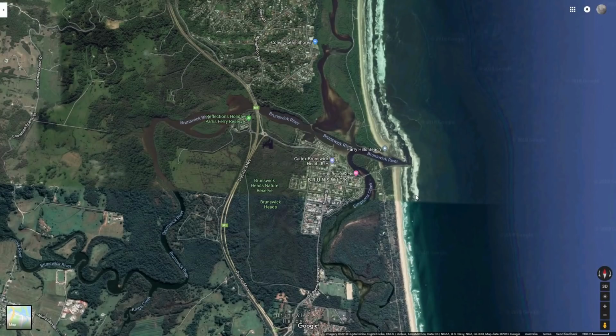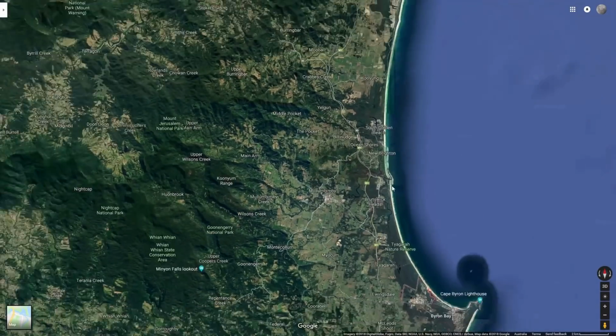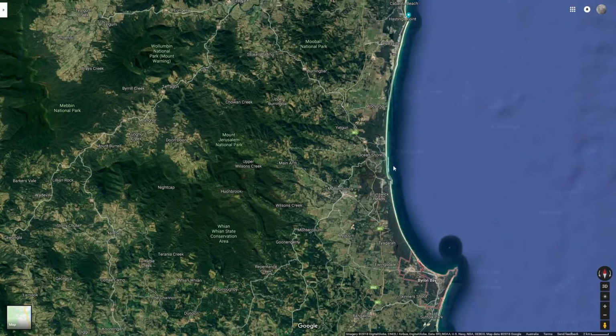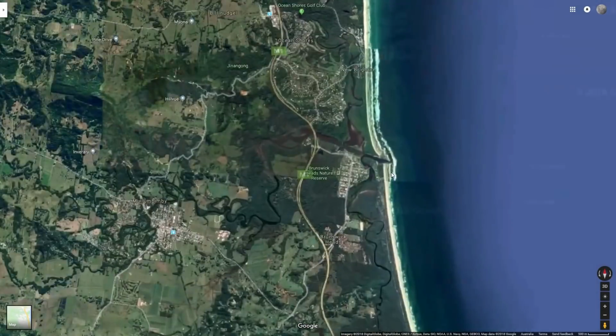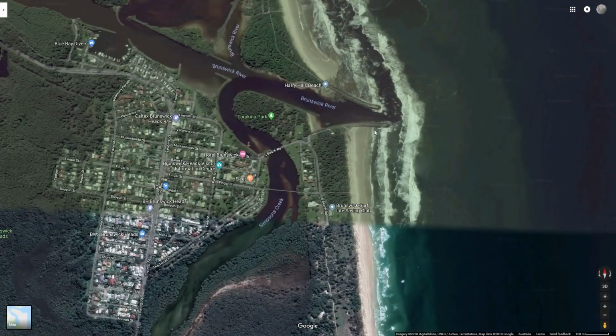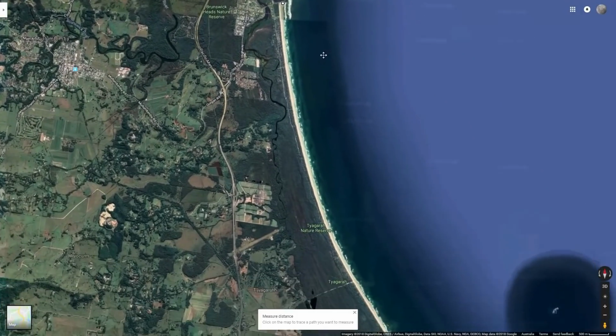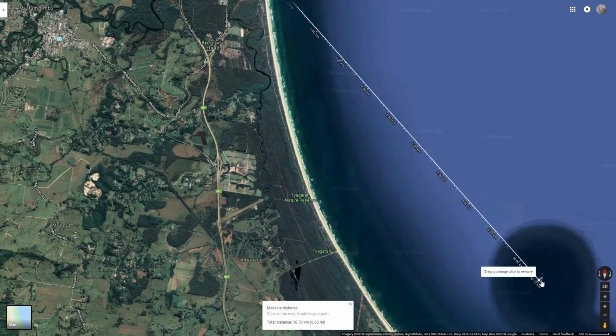The location that we're at next is the mouth of the Brunswick River at Brunswick Heads, and you can get a view from the top of the rock wall and from the beach, and we measured distance to points of interest.